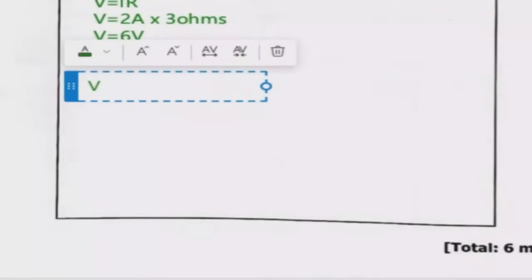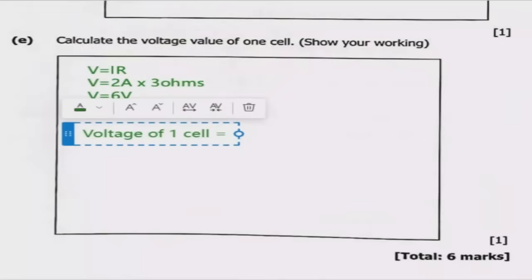We can say voltage of one cell is equal to the total voltage in the circuit, which we got as 6 volts, divided by how many cells?